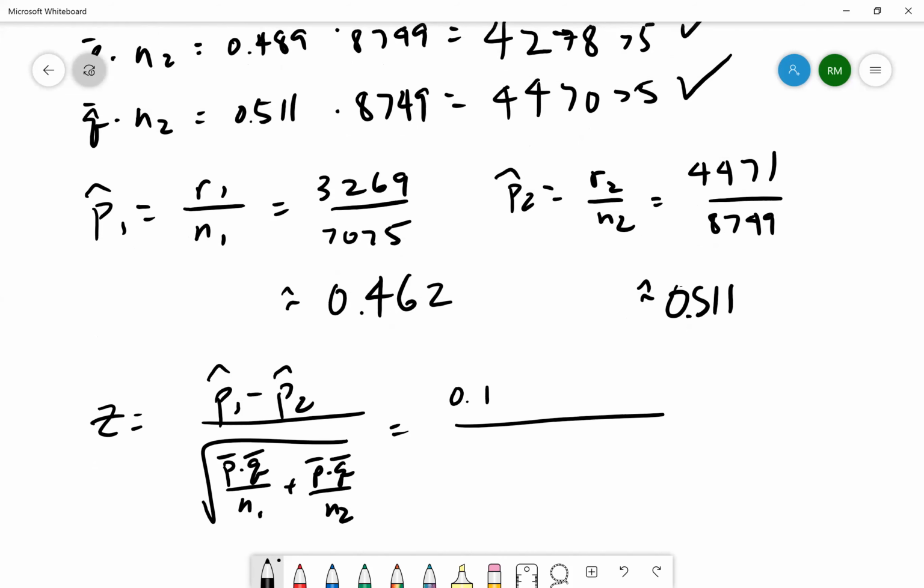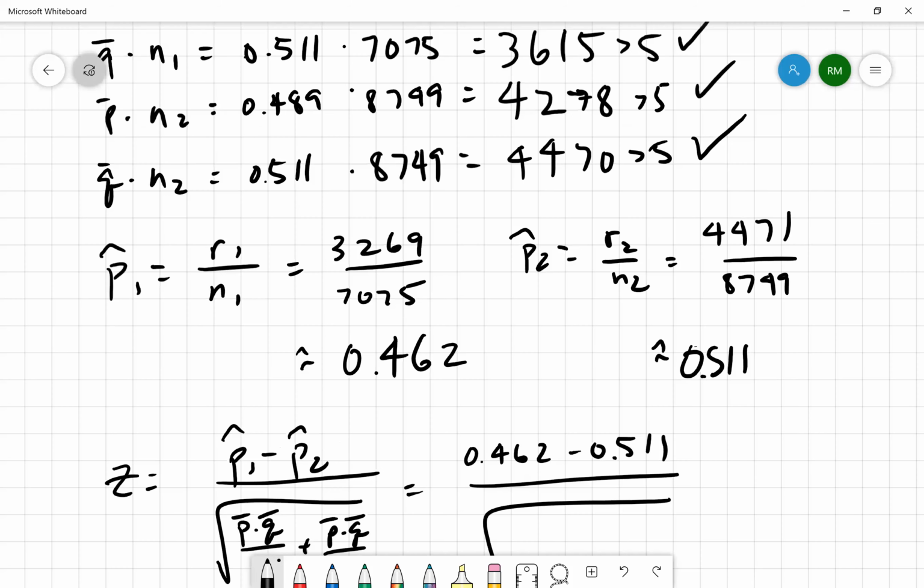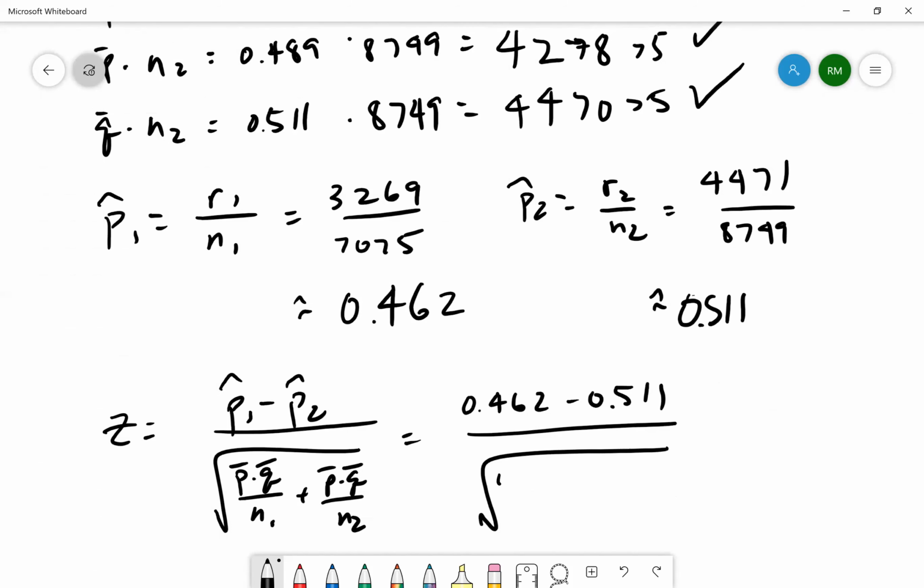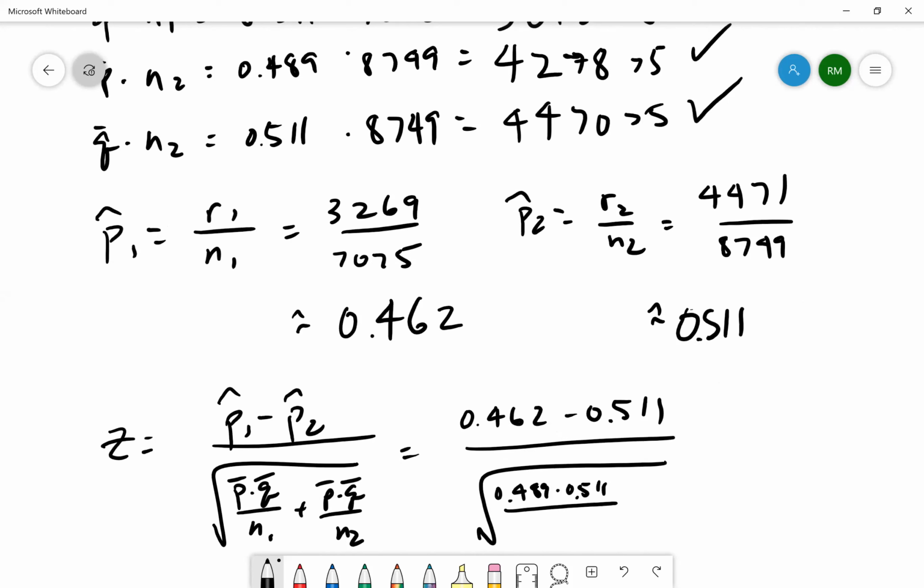And this comes out to 0.462 minus 0.511 over the square root of 0.489 times 0.511 over 7075 and 0.489 times 0.511 over 8749. And this comes out to be about negative 6.13.